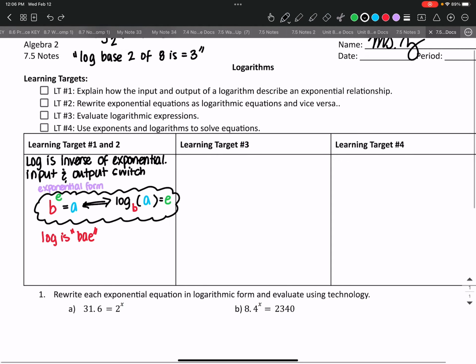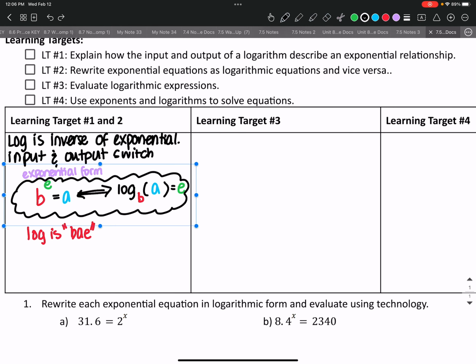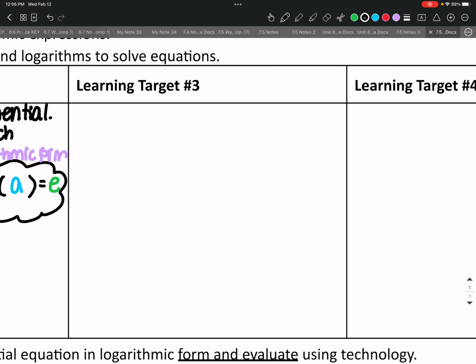That is that. And then for the third learning target, we're talking about evaluating logs. I'm just gonna move this over. Oh, and again, this is the logarithmic form. Evaluating logs.